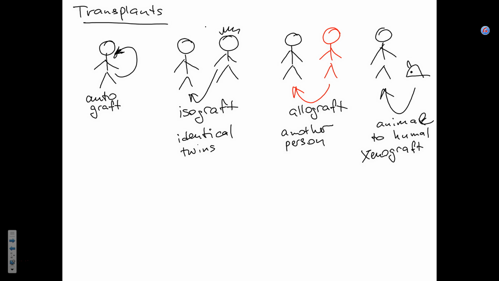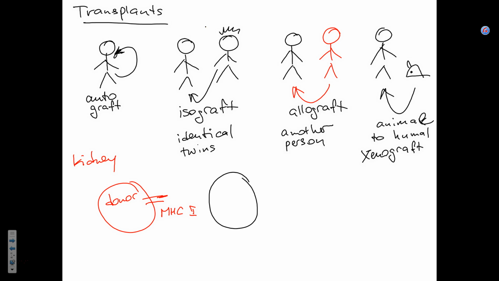If you think about it, let's say red is the donor cell, a kidney cell. The donor cell has MHC class 1 on its surface and presents its own normal antigen. And the black one is your cytotoxic lymphocyte, a CD8 cell.